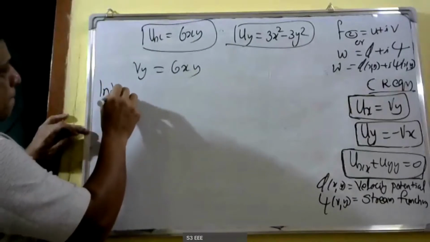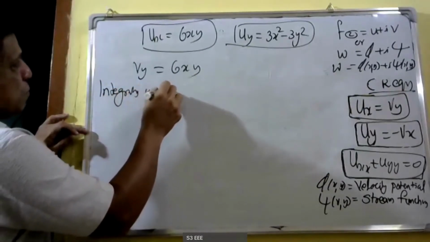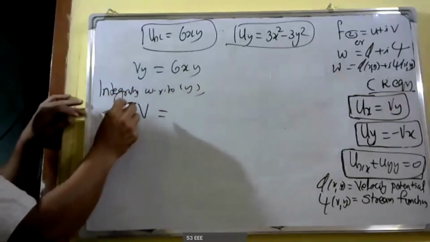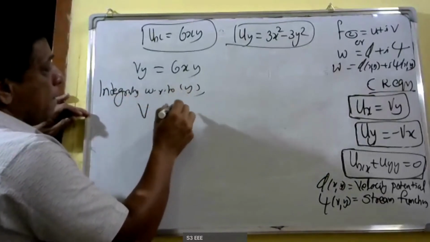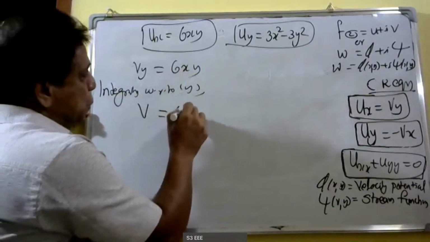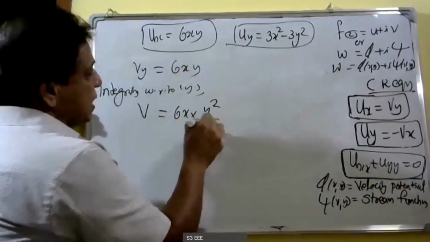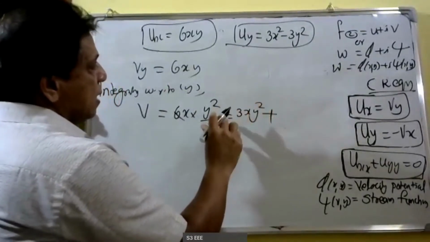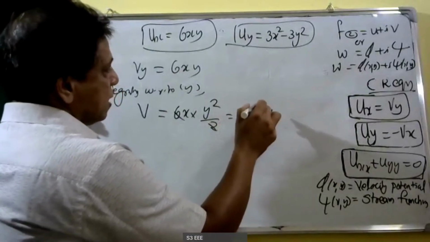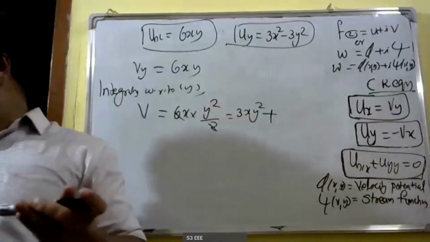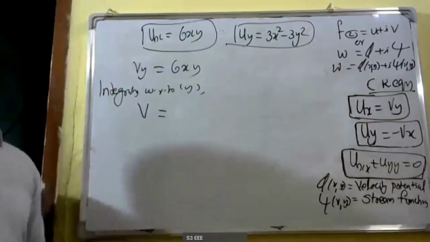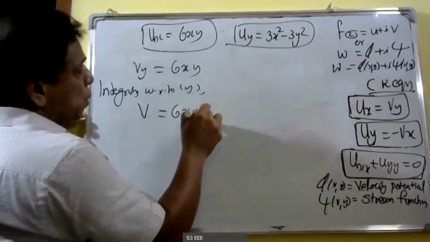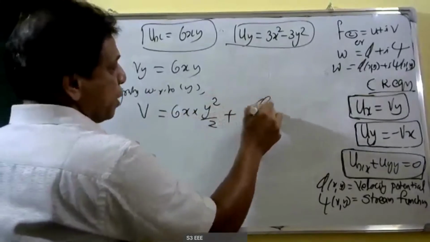Integrating with respect to y, we get v is equal to 6x into y squared by 2 plus a constant phi of x.